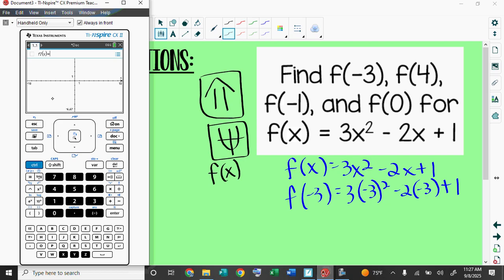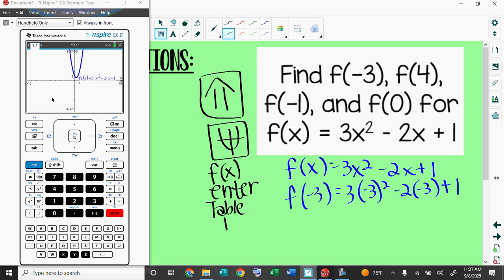My function is 3x squared minus 2x plus 1. Once I put my function in there, I'm going to press enter. And then I need to go to the table. To go to the table, if you remember from last year, is menu 7, 1. So menu 7, 1.